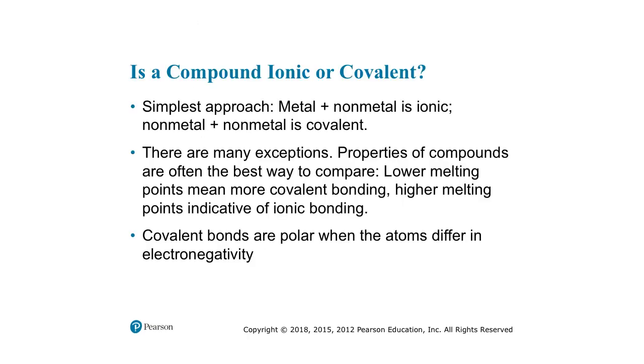So is a compound ionic or covalent is sometimes a question that you may have. A simple approach, and this is the one I would recommend, is that metals and nonmetals form ionic compounds, and then nonmetals with nonmetals form covalent compounds. And then most likely if the atoms are different, it's going to be polar covalent if you have two nonmetal atoms.